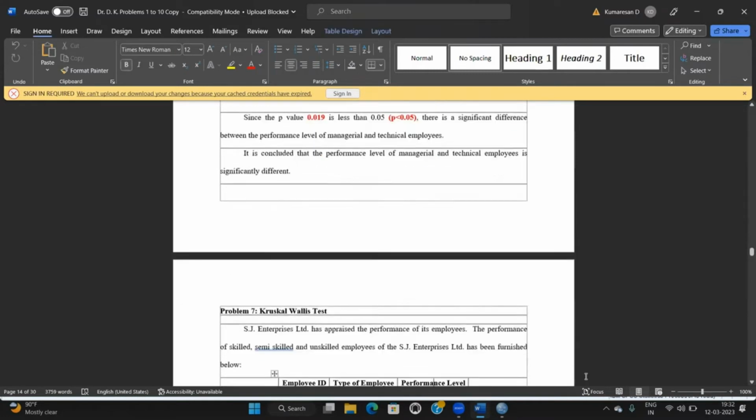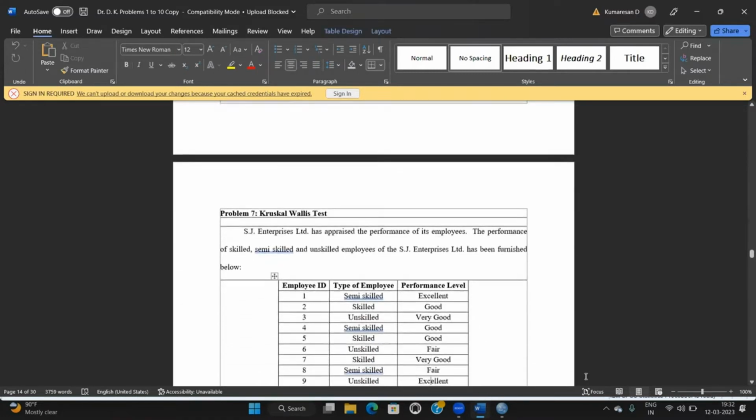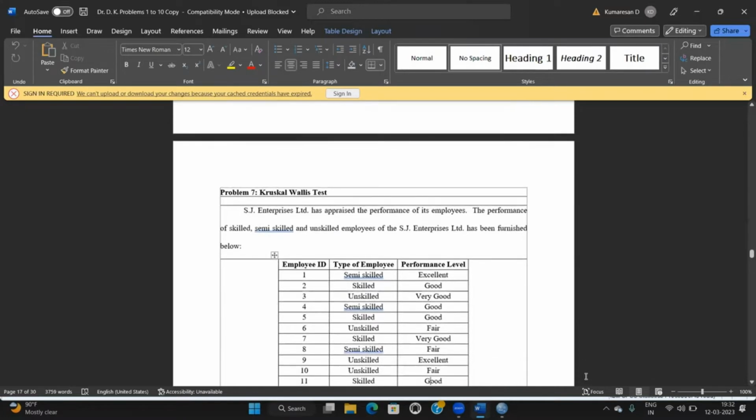Kruskal-Wallis test. Look at the problem. I think the same problem. The independent variable is different. Earlier it was nature of job. Now it is type of employee, skilled, semi-skilled, and unskilled.